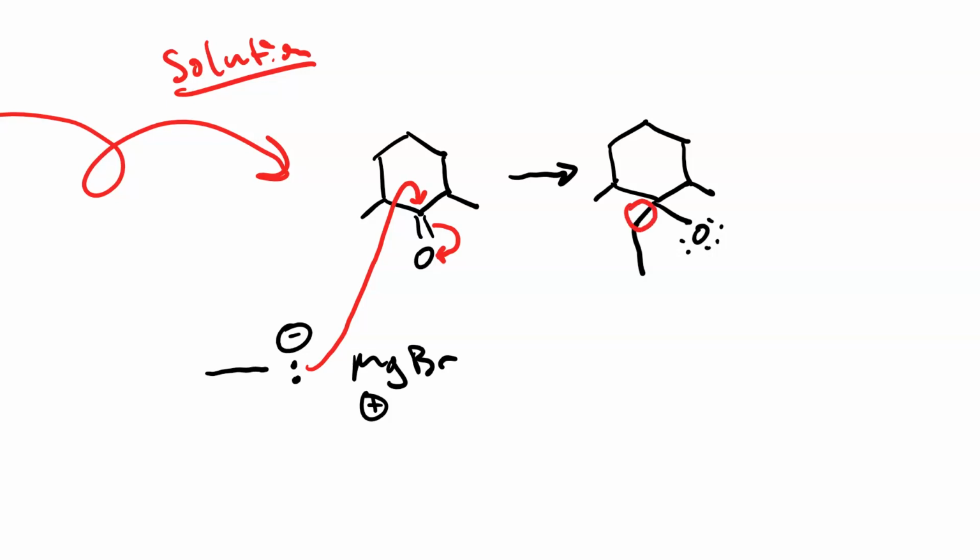This bond right here came from this lone pair of electrons. And you can see that is the ethyl group that we added. And of course, this is an oxyanion with a negative charge.